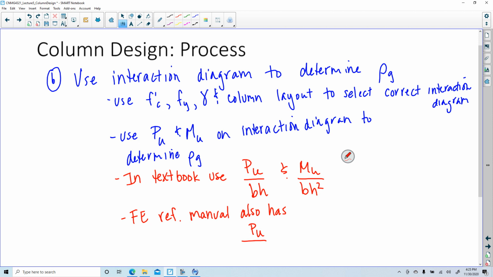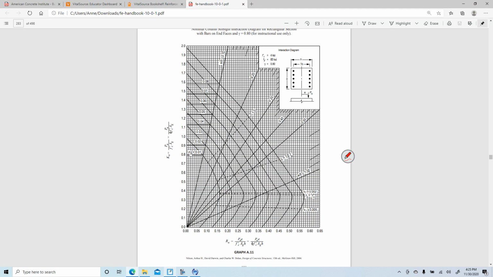PU over phi F prime C AG and PU times E over phi F prime C AG. Of course, then you kind of have to guess a phi, which conservatively you could use the 0.65, because it's more likely to be 0.65. Oh, AG times H. There it is.